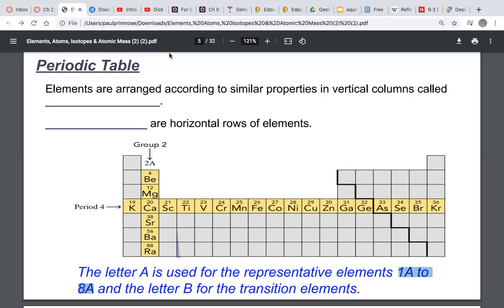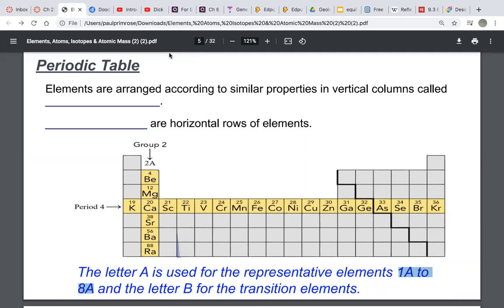Yep. Okay, thank you. So main group, these are called transition metals. These metals in the middle, not the ones over here and not the ones over here, but the ones in this part right here.